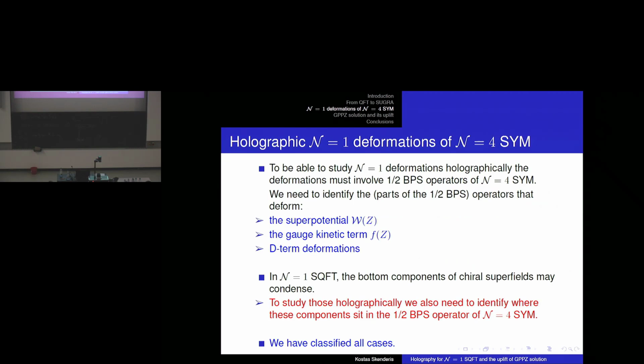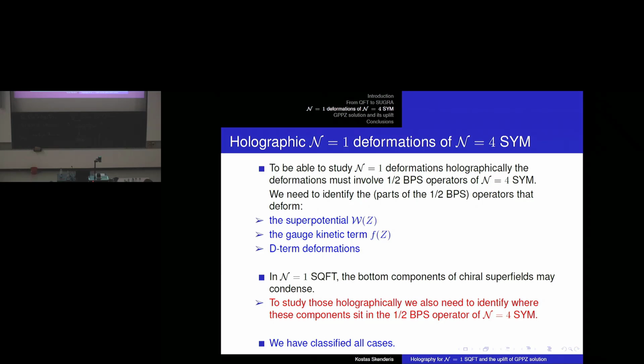Okay, so now if you want to study N=1 theories using holography, what we want to do is identify the N=1 deformations that involve half BPS operators, because this is what we have at our disposal holographically. So in particular, we need to identify the parts of the half BPS operators that are superpotential terms, the parts which deform the gauge kinetic terms, and also D term deformations.